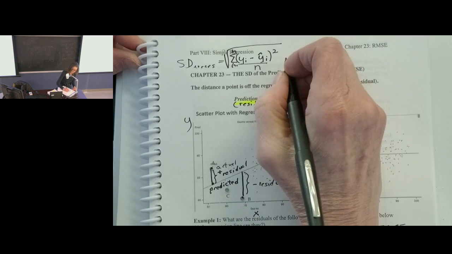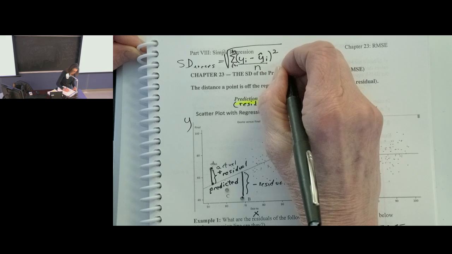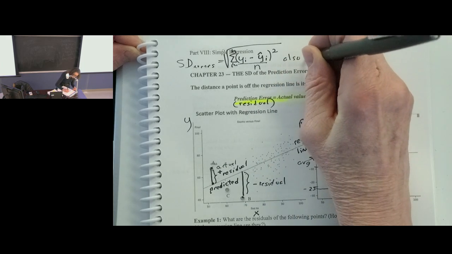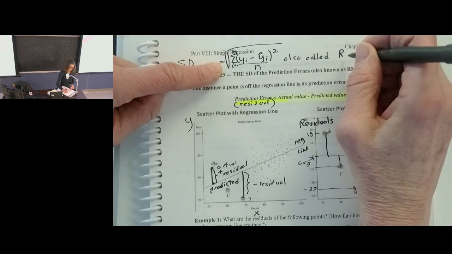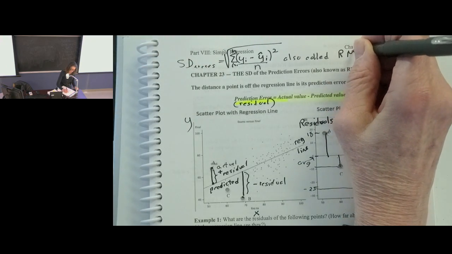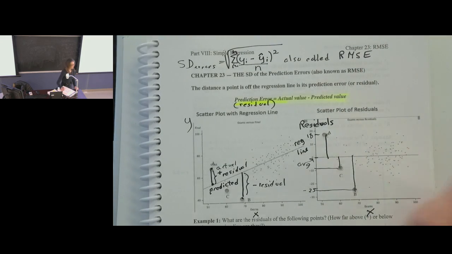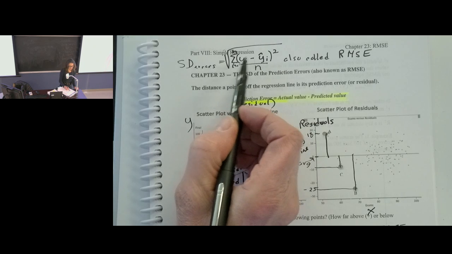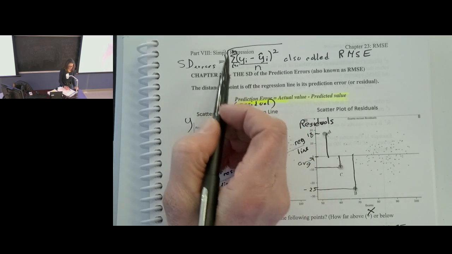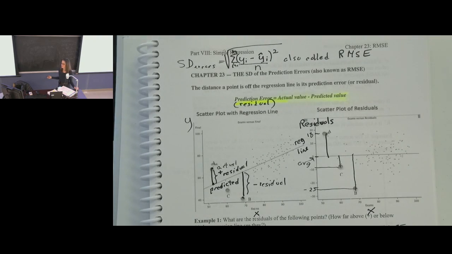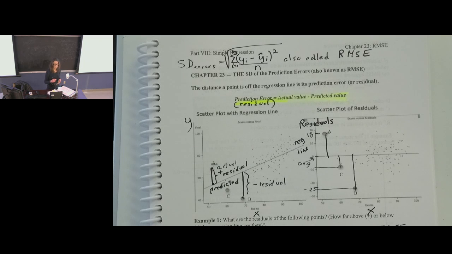That's also called the root mean squared error. Each one of these is an error squared. Take their mean and then take their square root. Now, that would be hard to do.